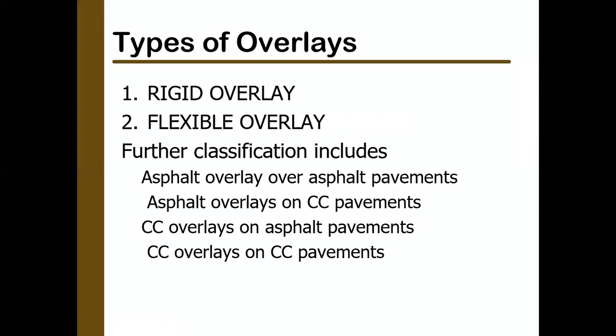A rigid overlay is based on asphalt or cement concrete that can be overlaid either on a cement concrete road or an asphalt concrete road, while a flexible overlay means a 2-inch asphalt surface that is to be laid either on an existing asphalt surface or a cement concrete surface, which we can also call a rigid pavement.